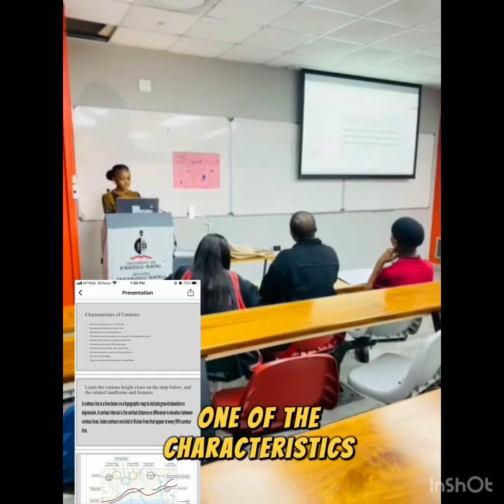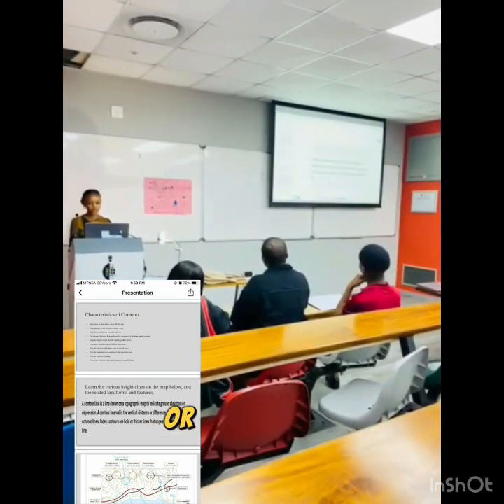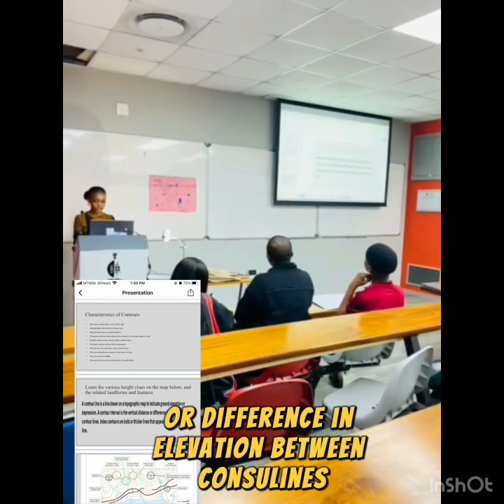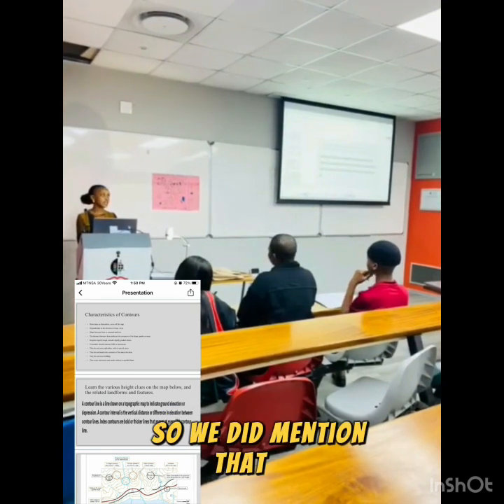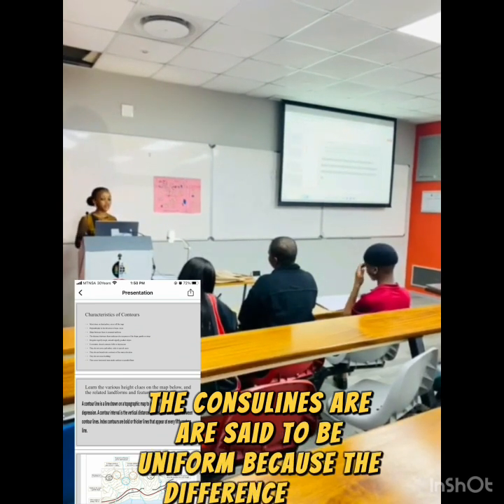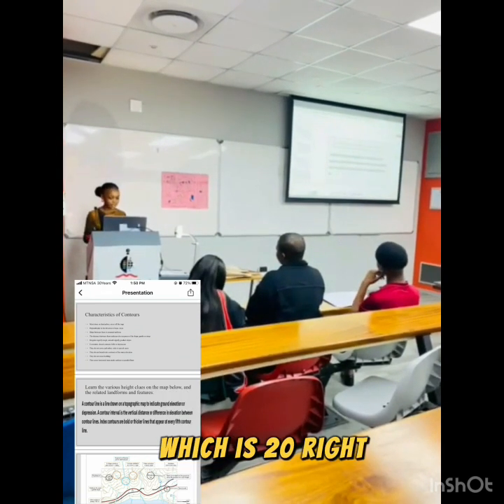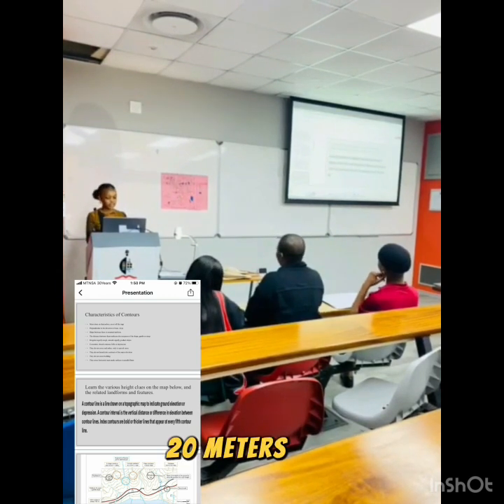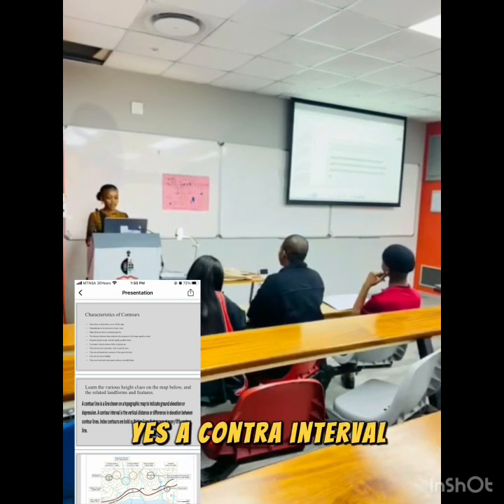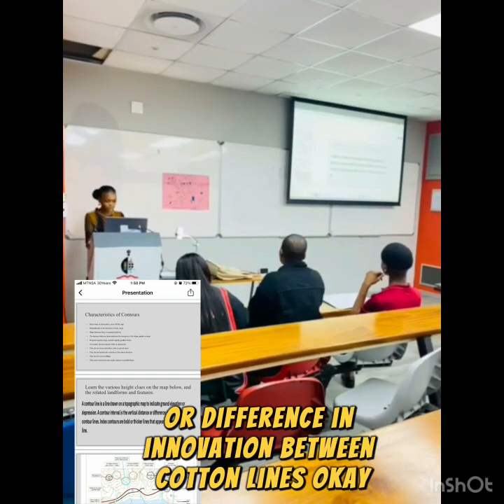A contour interval is the vertical distance or difference in elevation between contour lines. So we did mention that the contour lines are said to be uniform because the difference of the contour interval is the same, which is 20 meters, right?